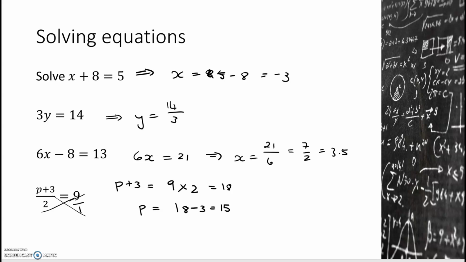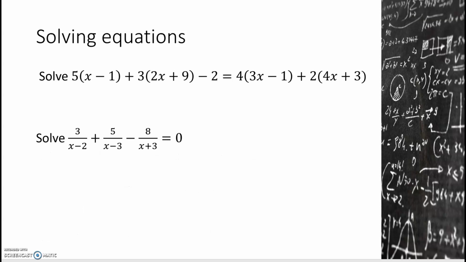So p is 15. Now you might want to check. Let's check. 15 plus 3/2 is 18/2, which equals 9. Yes, so we're good for that one. Always a good idea to check your answers.